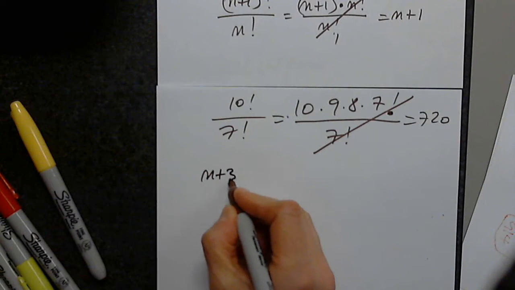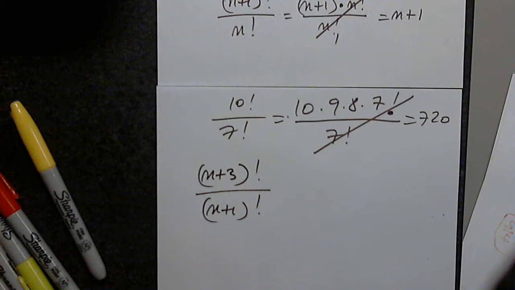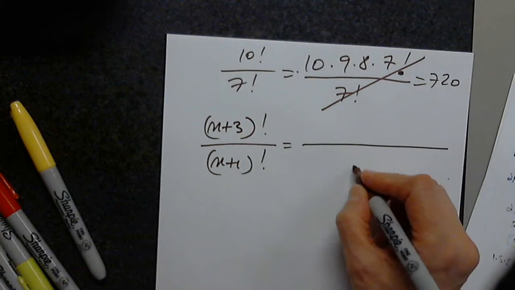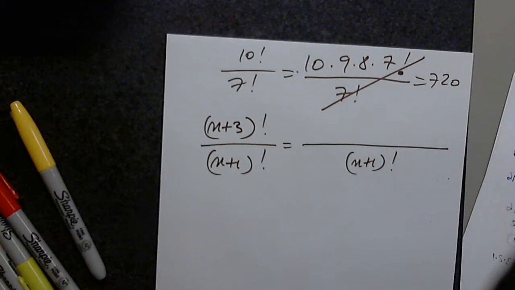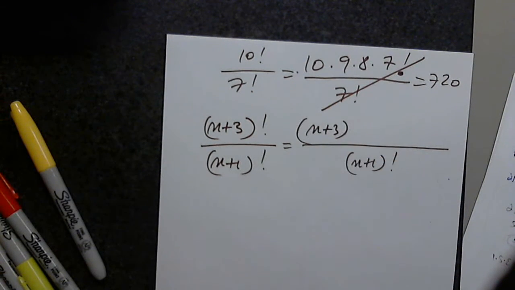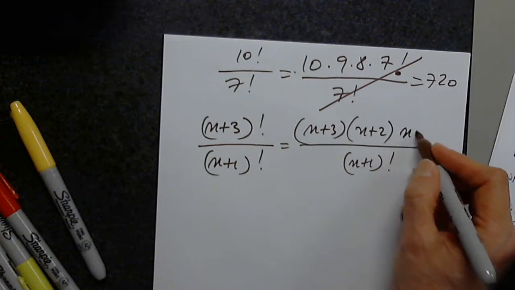Let's look at another one. Let's say n plus 3 factorial over n plus 1 factorial. Which one of these two is the biggest? So how will you rewrite? You will not change anything in the denominator, but how will you rewrite the top? Awesome, that's it.